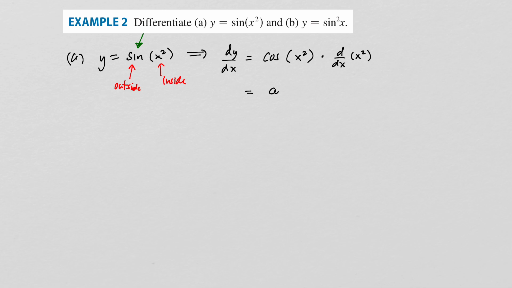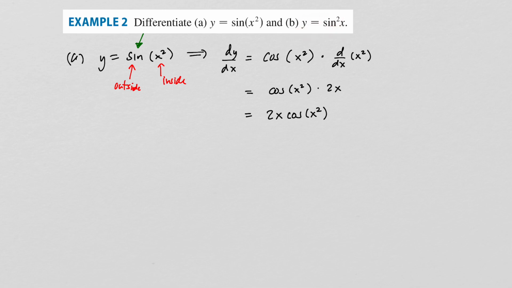And so this becomes the cosine of x squared times the derivative of x squared, which is 2x. And then it's really important that you take this 2x and you place it in front of the cosine. Do not multiply these together. So this becomes 2x times the cosine of x squared.